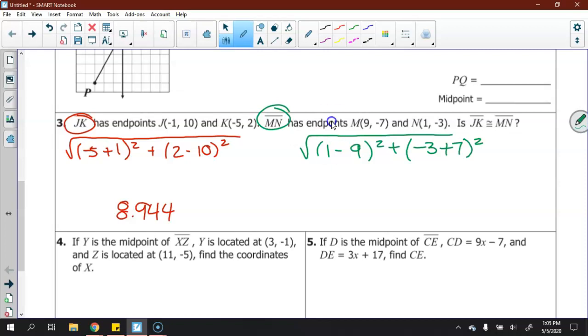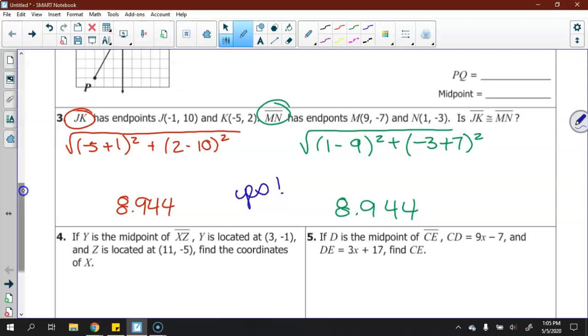And I've got the same thing. So when it comes to actually looking at this and going over it, like on a quiz or a test, that's enough work for me to say, yes, they are congruent.